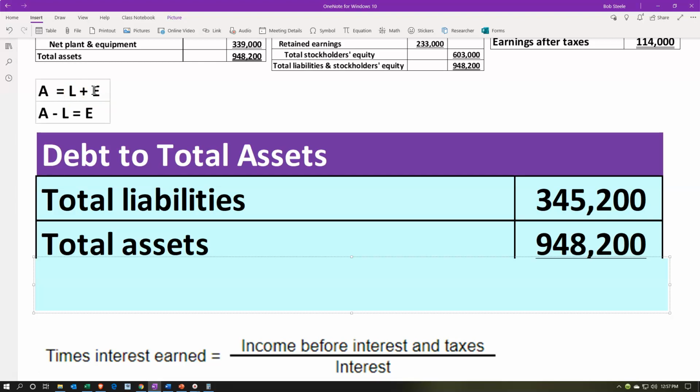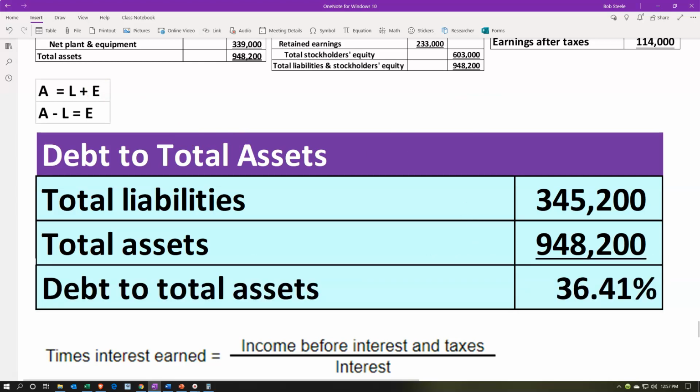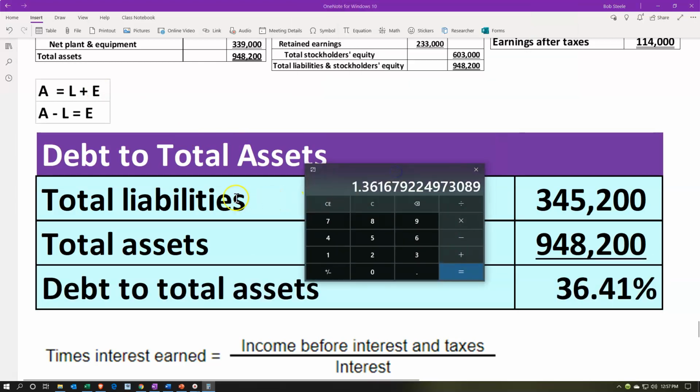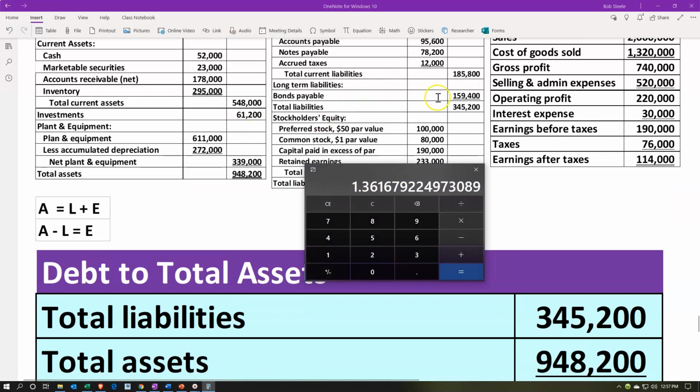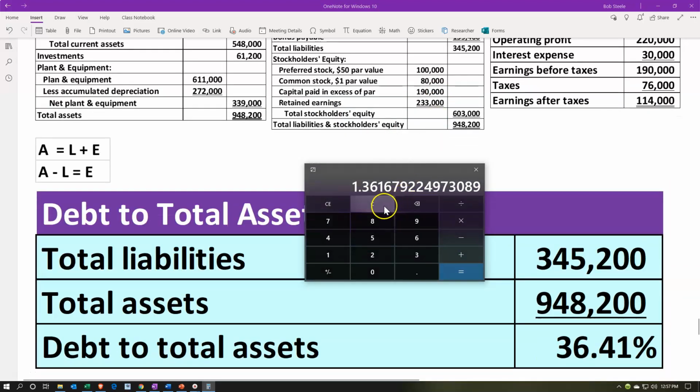So if we think about debt to total assets, we're going to say, all right, debt to total assets is going to be the liabilities divided by the total assets. So here's the total assets. Here are the liabilities. If we divide that out, we're going to say the 345.2 divided by the 948.2.